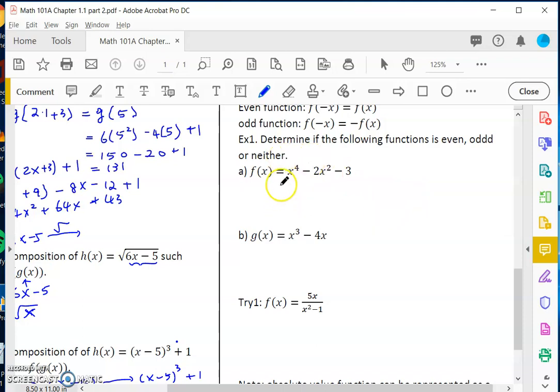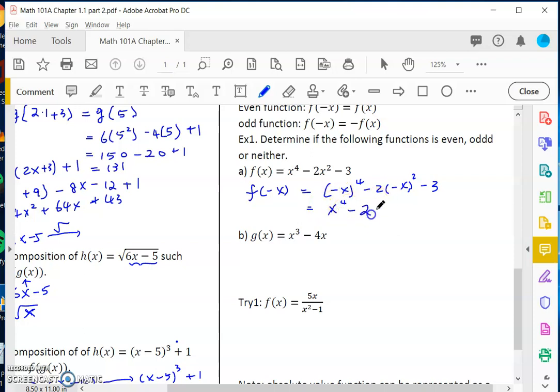So the first is f of x equals x to the 4th minus 2x squared minus 3. I want to check if it's even or odd, so I want to do f of negative x. So it will be negative x to the 4th minus 2 times negative x squared minus 3. If you take an even power of any variable, it becomes positive, right? The negative goes away.